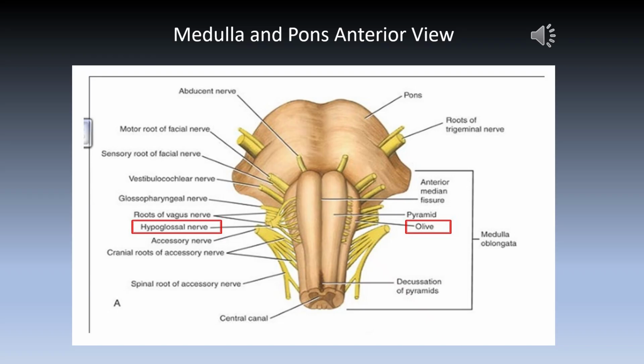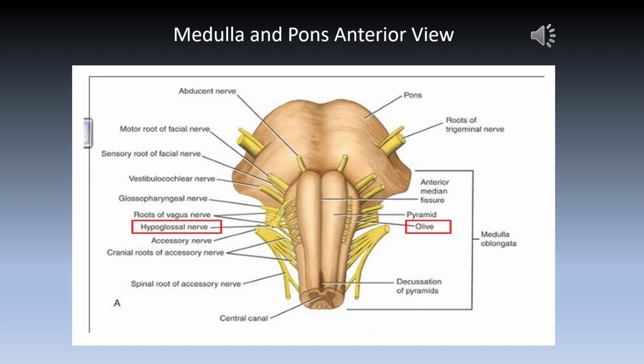Recognize the gray matter, the H shape or butterfly shape area of the spinal cord, and surrounding that, those are the myelinated axons of the nerve cells out in the periphery. We call that the white matter of the spinal cord. Right there in the middle is the central canal. That is the opening right in the middle of the spinal cord, which is filled with cerebrospinal fluid.